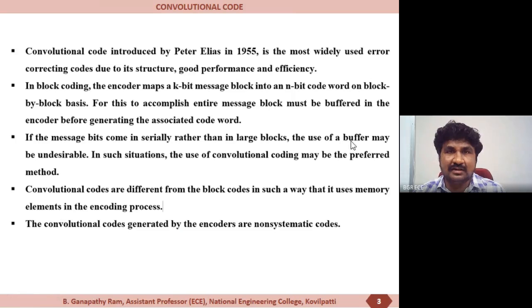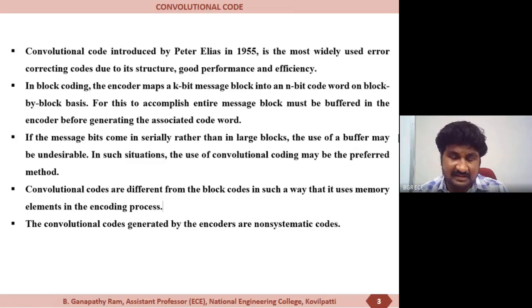This convolutional encoder was introduced by Peter Elias in 1955 and has been one of the most widely used error control codes due to its strong error correction and error detection capabilities, and it has a good structure and good performance and efficiency in communication systems.